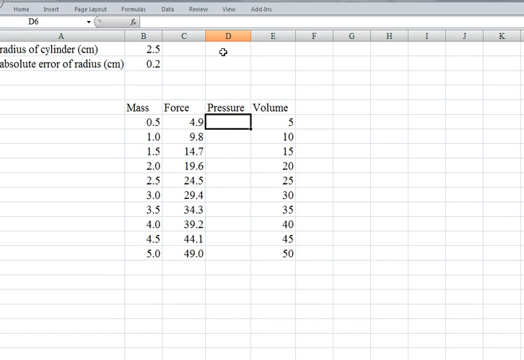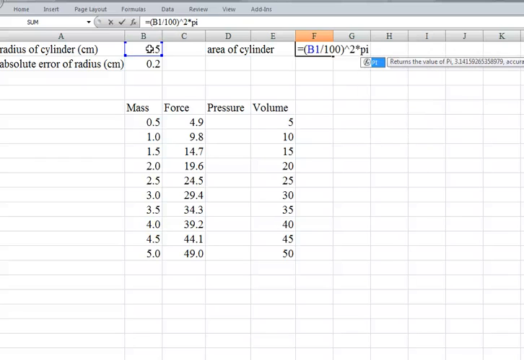Okay, so now the next thing we need to do is find the area of the cylinder, and to do that I'll put it right here. We're going to have to take our radius and convert that to meters, so we divide by 100. We're going to square it, and then multiply it by pi.